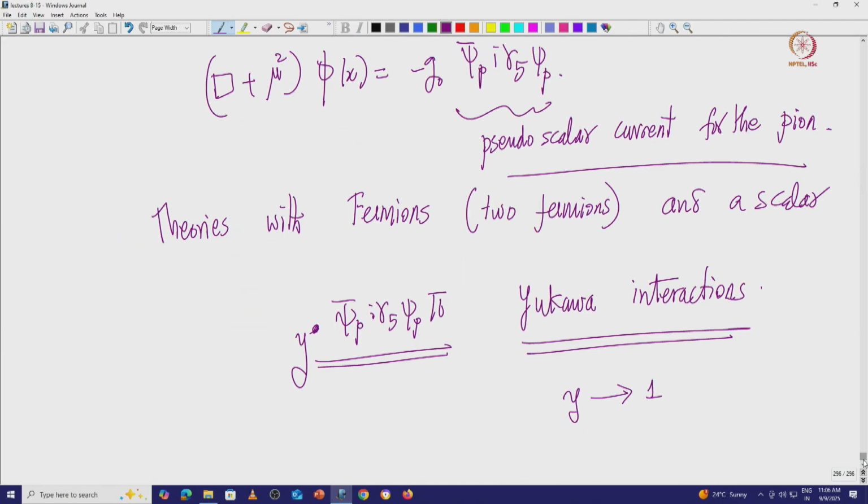Theories with 2 fermions and a scalar are called Yukawa interactions. One example with pseudoscalar interactions is the pion, pion nucleon scattering, which is one of the examples.